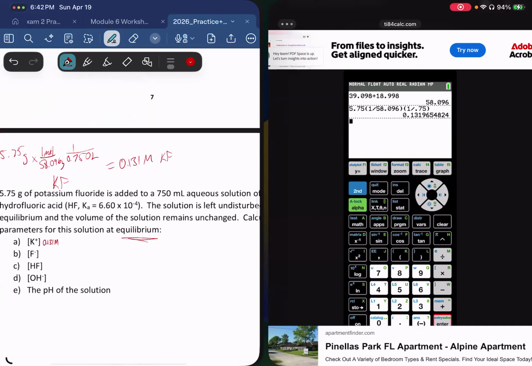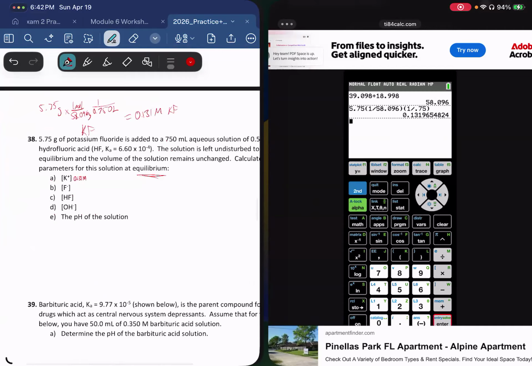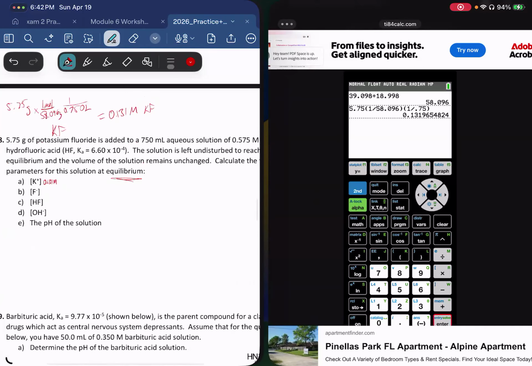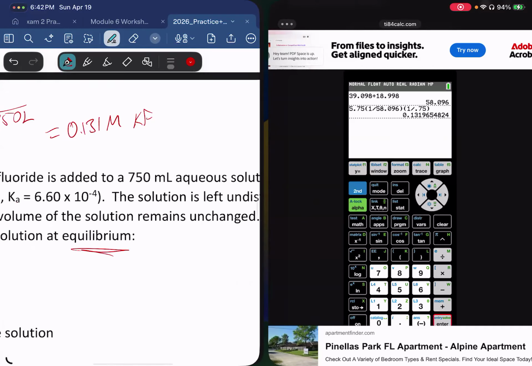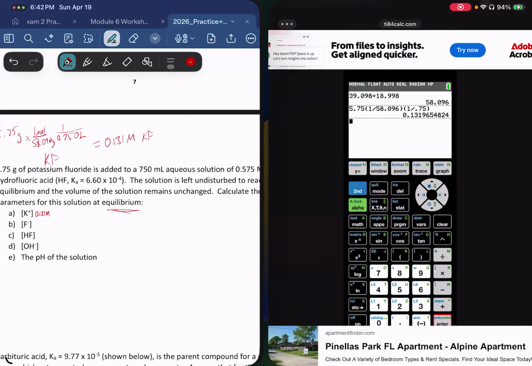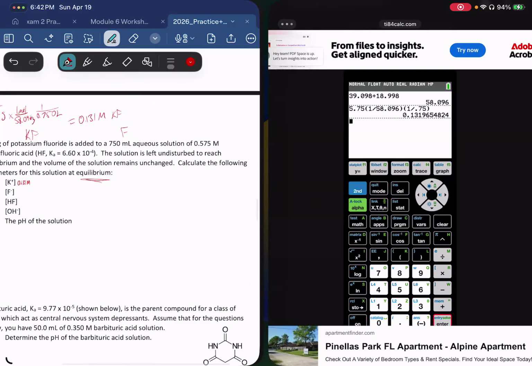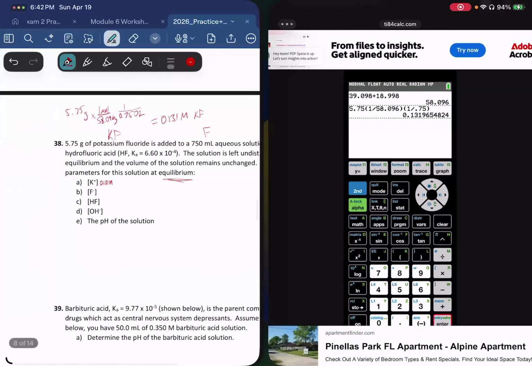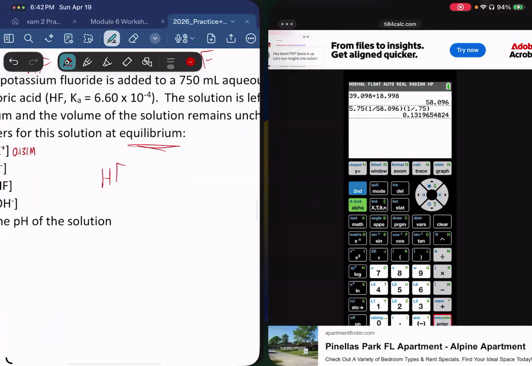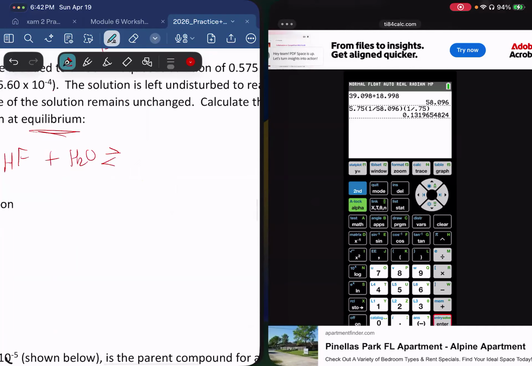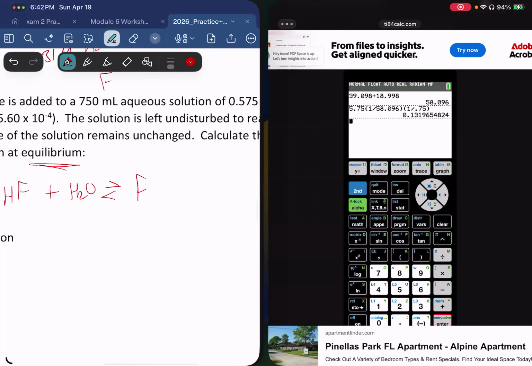The reason why I know that is because K plus is not really reacting in the equilibrium, right? And so this is the concentration of F on its own, initially. Let's write this out. We have HF reacting with water to produce F minus plus H3O plus.